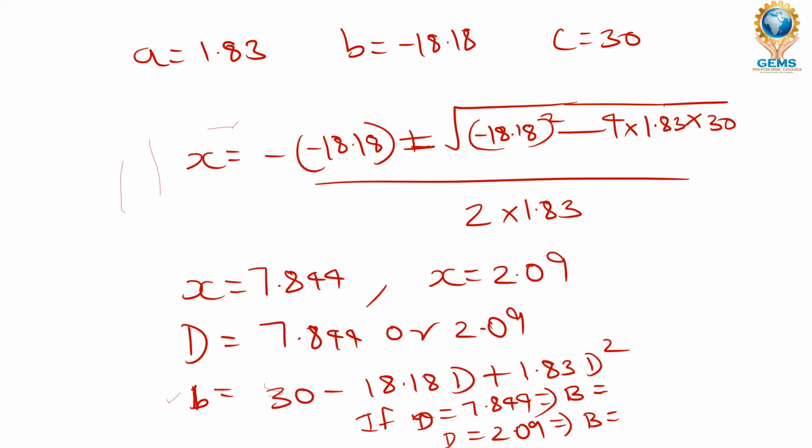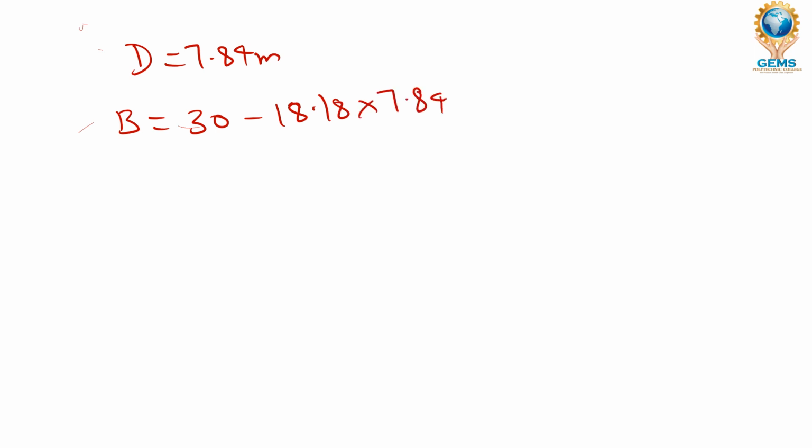All right, first we substitute the first value we got from the equation, that is d equals 7.84 meters, in the first equation: b equals 30 minus 18.18 into 7.84 plus 1.83 into 7.84 squared. Then the value will be minus 4.00.